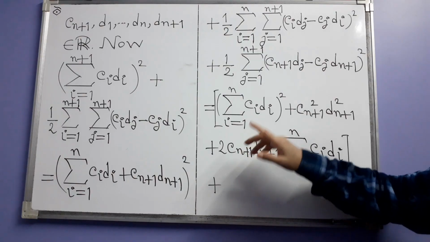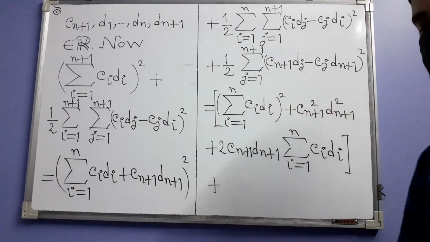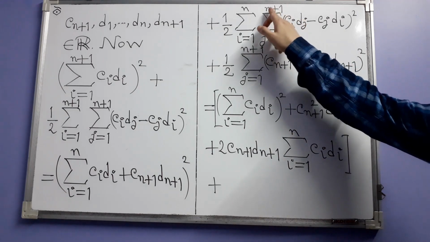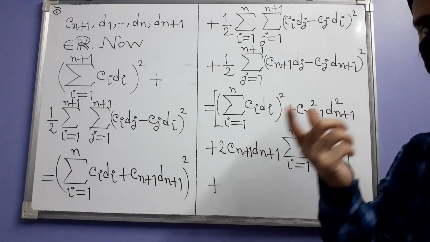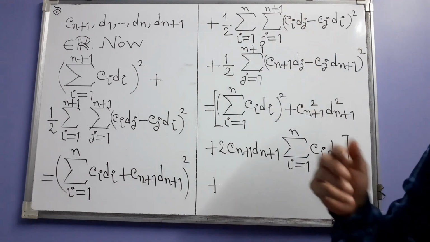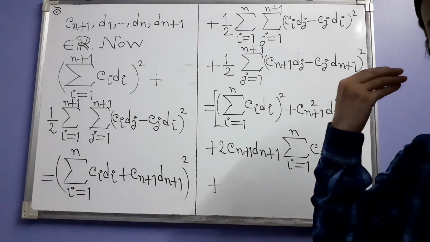Plus, now what we are going to do with this one is there will be two things. The first thing is that from here also we are going to take the value j equal to n+1 apart, or rather I should say we should take the term that corresponds to that j value outside. Outside means we take it separately.